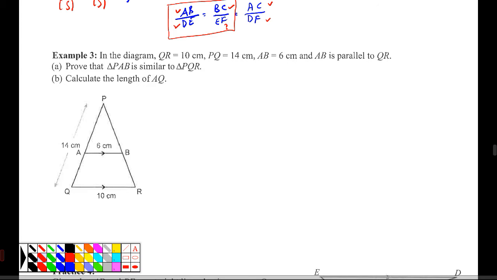Because AB over QR, these two must be known lengths. Is there a known length? No, so you don't use it. Remember, 90% of the similarity tests use AA. Can you try and use AA and write down the answer for Example 3?